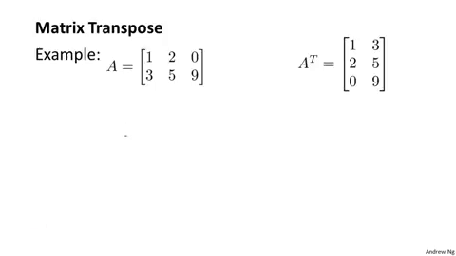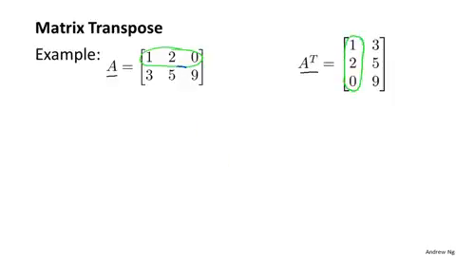Finally, the last special matrix operation I want to tell you about is the matrix transpose. So suppose I have matrix A. If I compute the transpose of A, that's what I get here on the right. This is A transpose, which is written A superscript T. The way you compute the transpose of a matrix is as follows. To get A transpose, I first take the first row of A, 1 2 0, and that becomes the first column of the transpose.